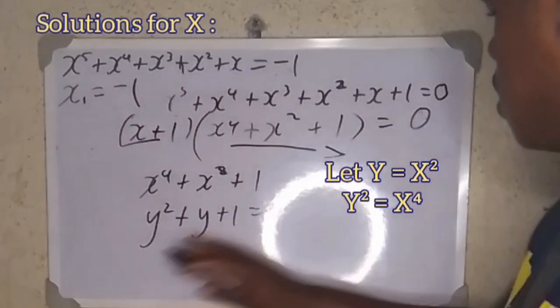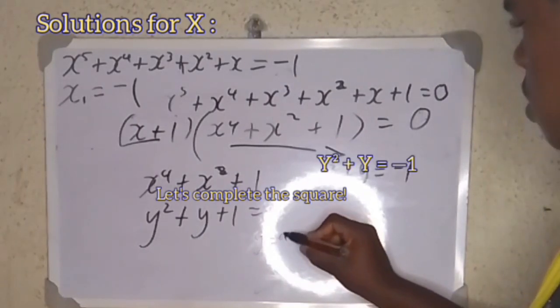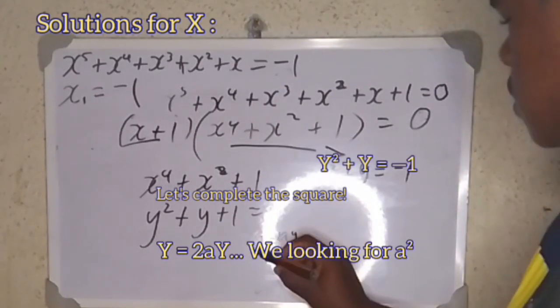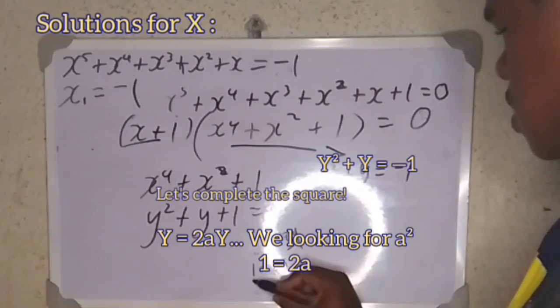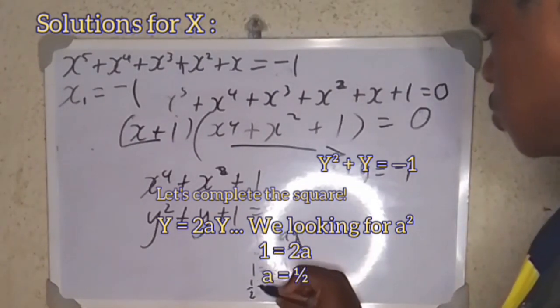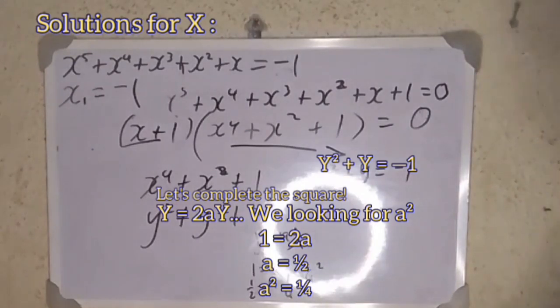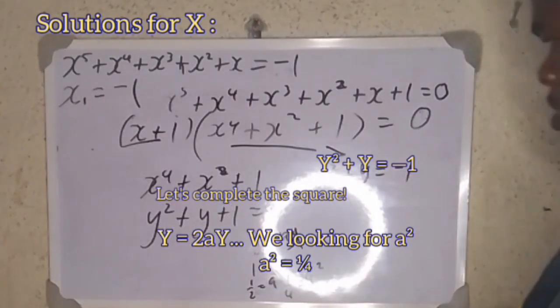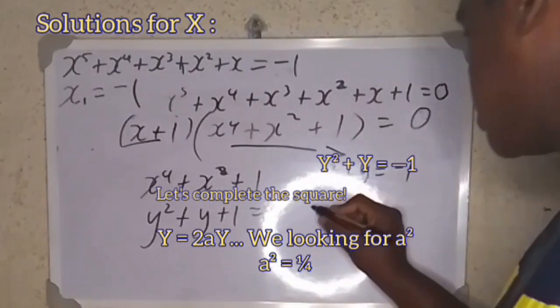But let's solve. So this is y squared plus y, so y equals 2ay. Divide both sides by y, that means 1 is equal to 2a. 1 over 2 is equal to a, that means 1 over 4 is equal to a squared. So we add 1 over 4 to both sides.